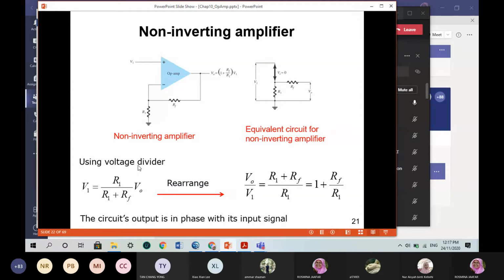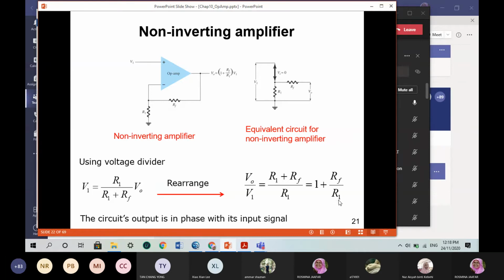Again, if you use the voltage divider rule, V1 is equal to R1 divided by R1 plus RF times VO. If you rearrange, you will get the ratio VO over V1, which gives you the gain. The gain becomes R1 plus RF over R1, that gives 1 plus RF over R1. So basically, the gain of a non-inverting amplifier now becomes 1 plus RF divided by R1.